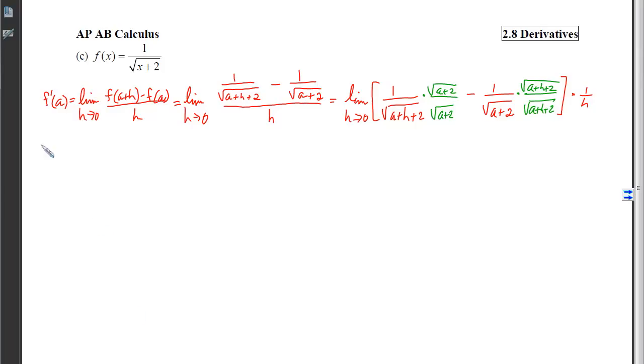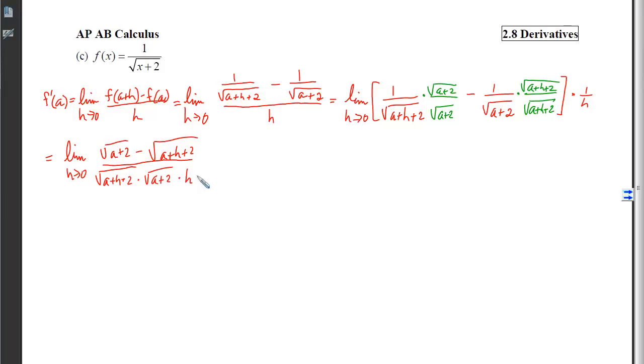So if I continue with this problem, I have a limit as h approaches 0 of root a plus 2 minus root a plus h plus 2, all over, I've got those 3 roots. So an a plus h plus 2 and an a plus 2 and an h.